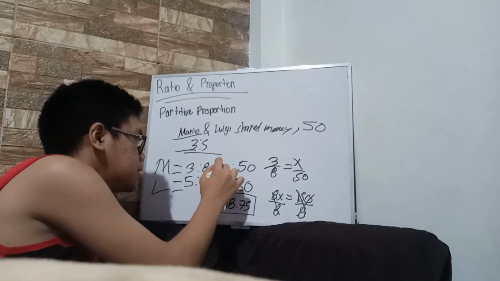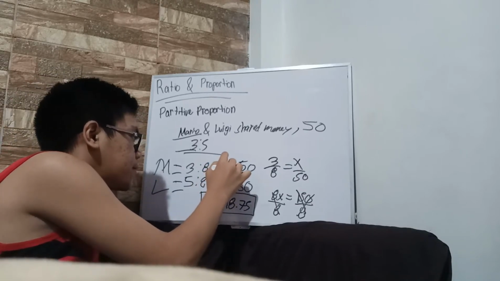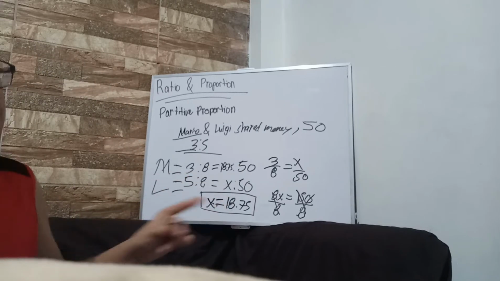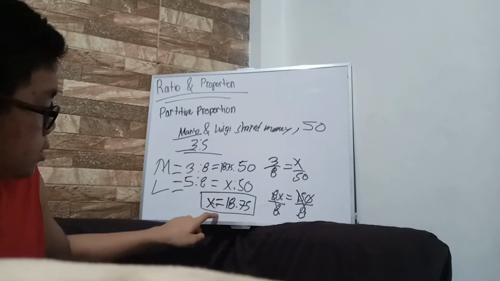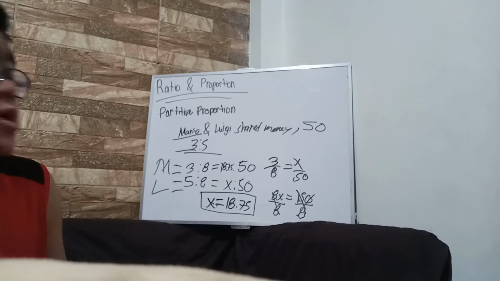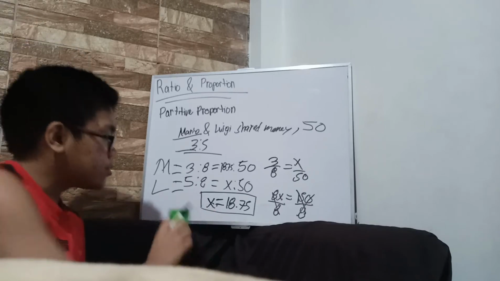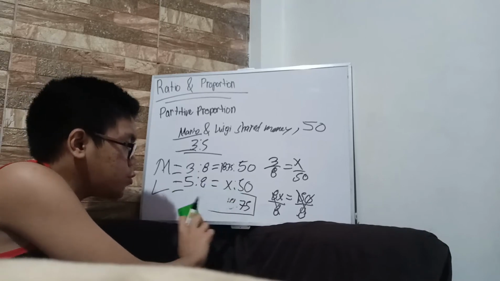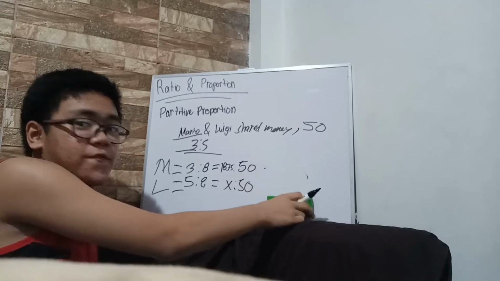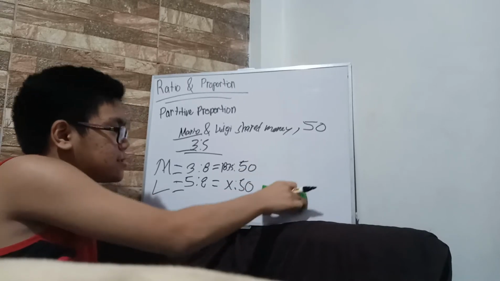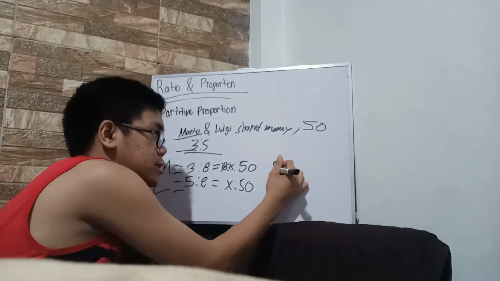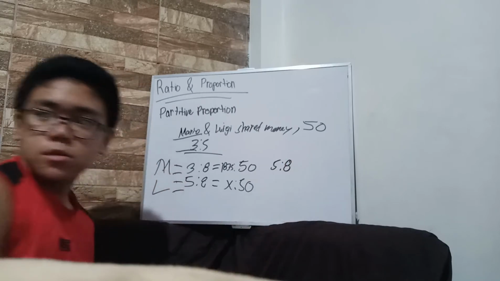So we have 18.75. Mario has 3:8 is equal to 18.75 is to 50. So 18.75 is what Mario shared, or what Mario needed to share. So that's for Mario, and let's go to Luigi. For Luigi, 5:8, fraction form first.